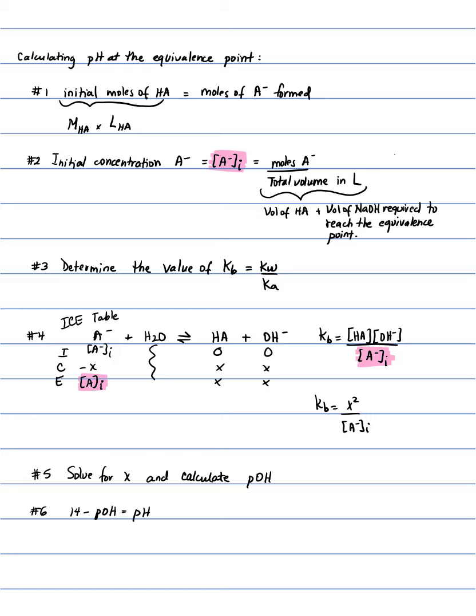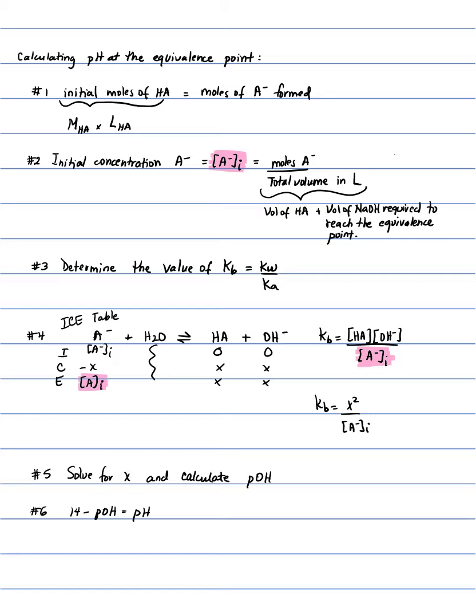So you're using that number of moles of your conjugate base at the equivalence point to find out the initial concentration of the conjugate base at your equivalence point. You have the number of moles, and that number of moles divided by a total volume in liters will give you the molar concentration.